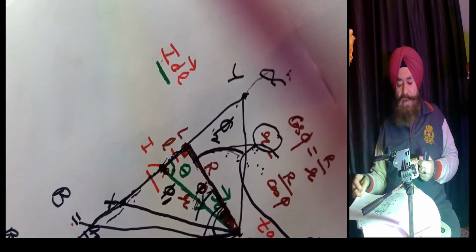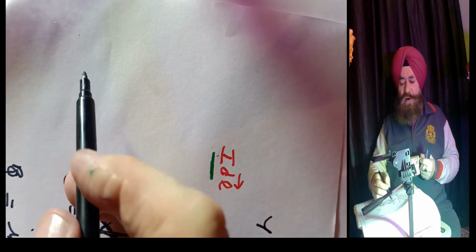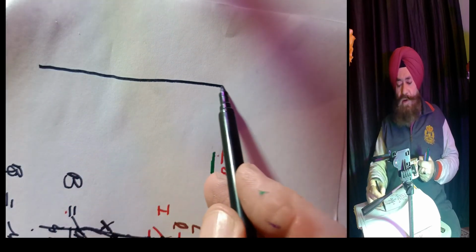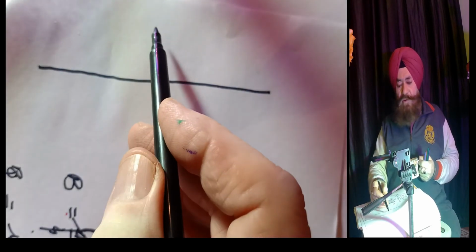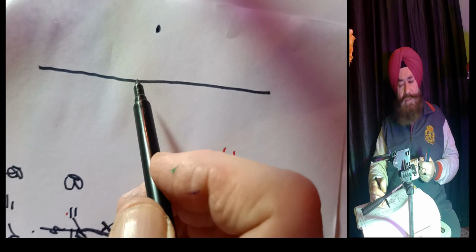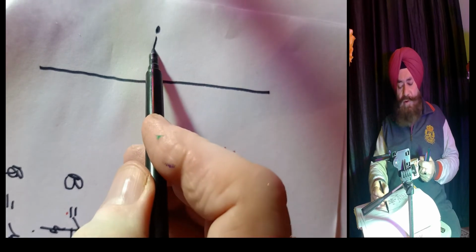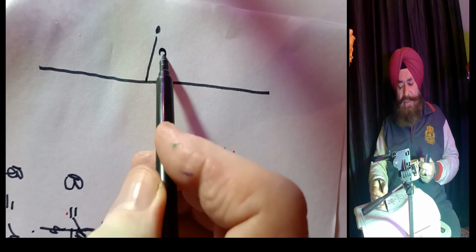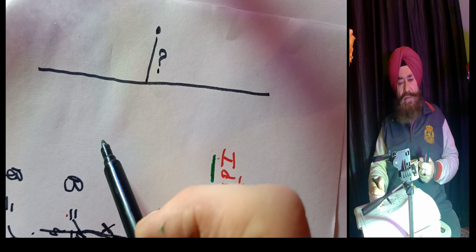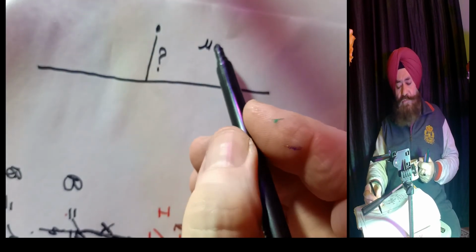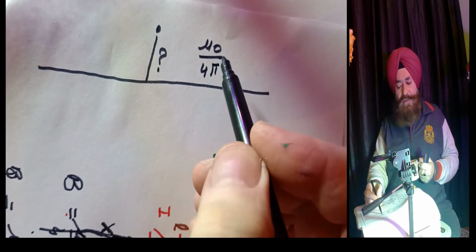I mean to say, if you are having a very long conductor, and you are interested here, what is the field? Only the distance matters, it is this perpendicular distance. Because mu naught over 4 pi is a constant value.